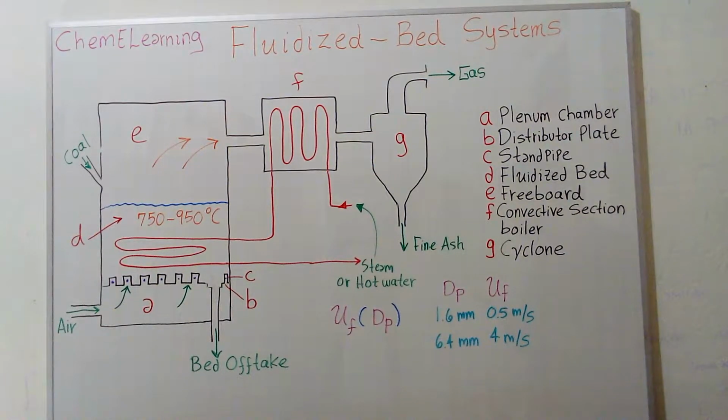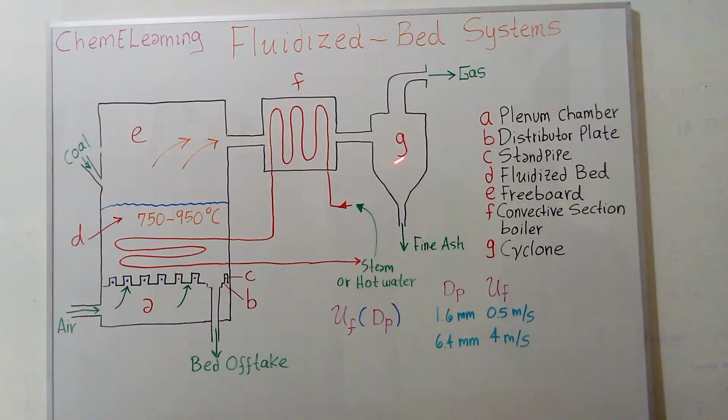If the loss of combustibles is high because of elutriation, the particles are recirculated back to the bed for further combustion. The fine particles are also removed by a bag filter or electrostatic precipitator from the combustion gases before being released to the atmosphere.